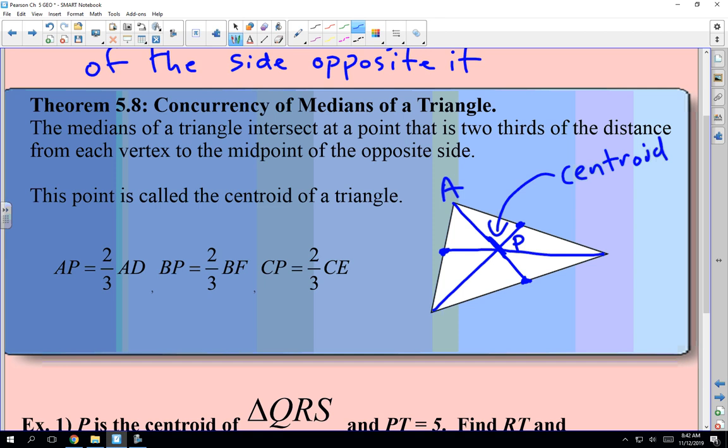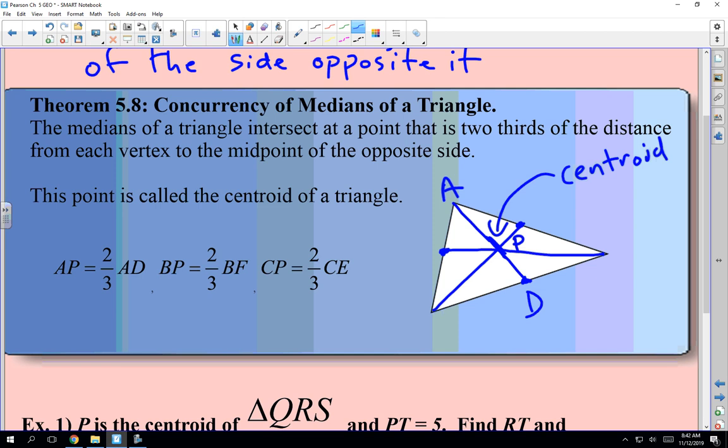So AP is equal to 2/3 of AD. So this must be D over here. This right here, AP, is the longer piece. AP is equal to 2/3 of AD.